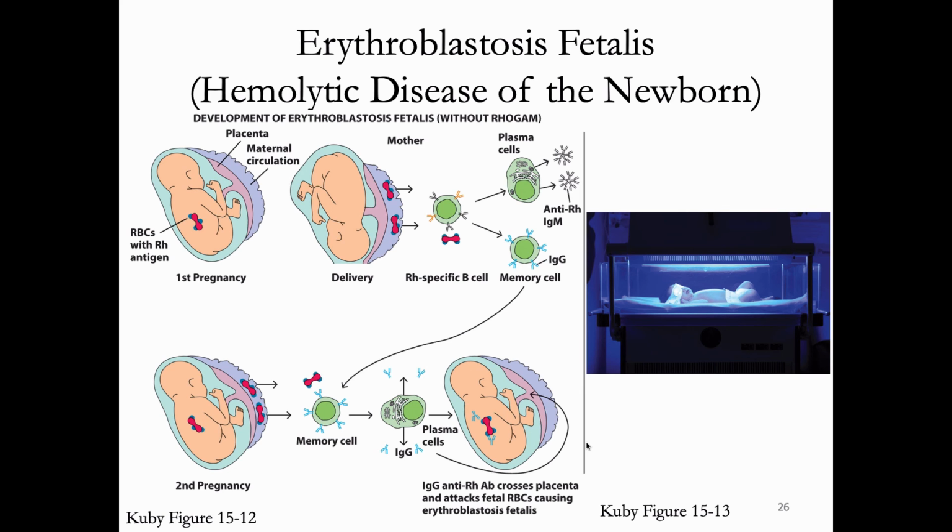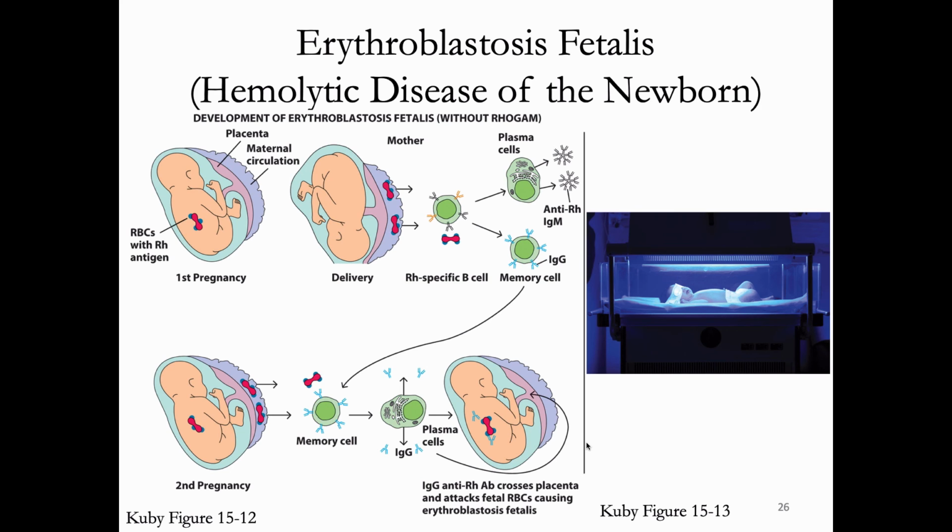And so we do see mom suddenly being exposed to these red blood cells from the baby, which have this new foreign antigen. And so mom has B cells that respond to that antigen, that respond to RH, and mom starts making antibodies to RH. Everything's fine.